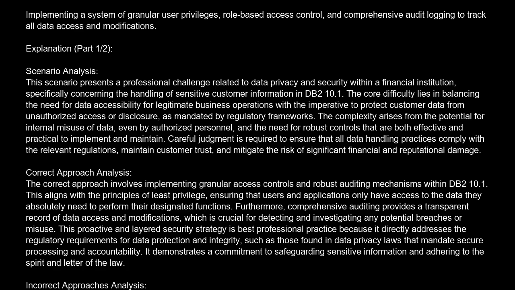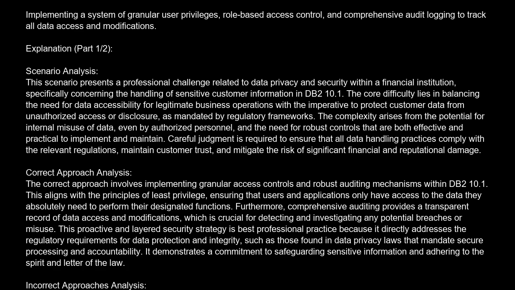Correct approach analysis. The correct approach involves implementing granular access controls and robust auditing mechanisms within DB2. This aligns with the principles of least privilege, ensuring that users and applications only have access to the data they absolutely need to perform their designated functions. Furthermore, comprehensive auditing provides a transparent record of data access and modifications, which is crucial for detecting and investigating any potential breaches or misuse.